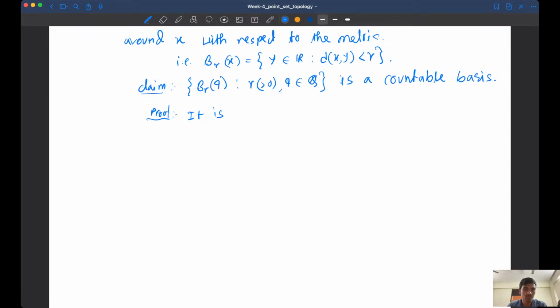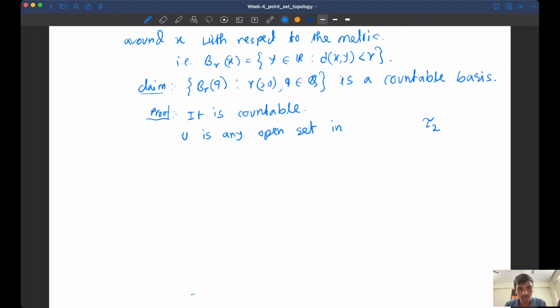So first of all, it is countable, and let U be any open set in tau.